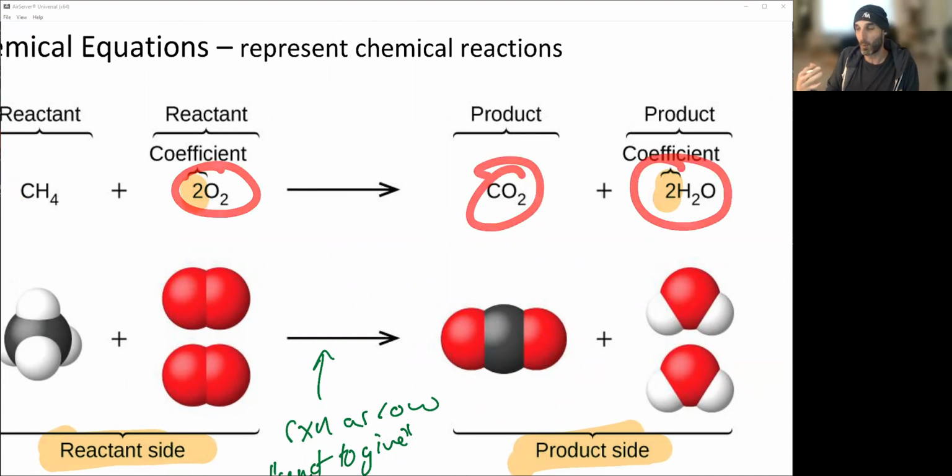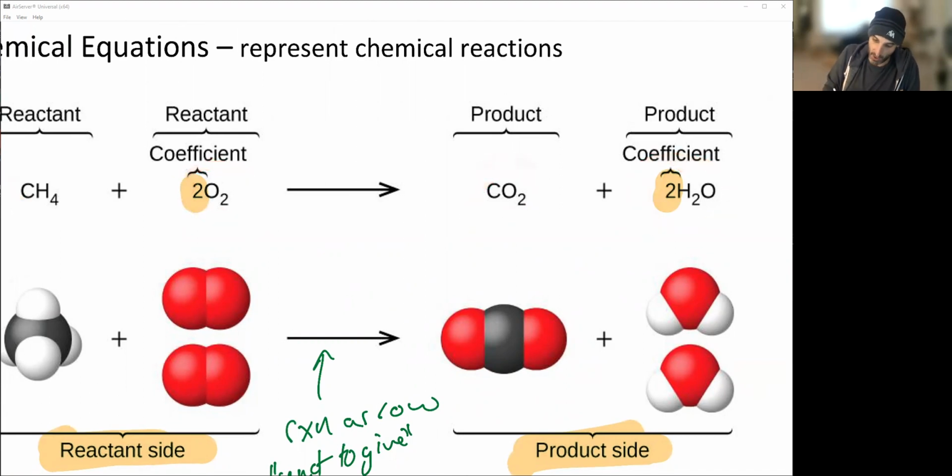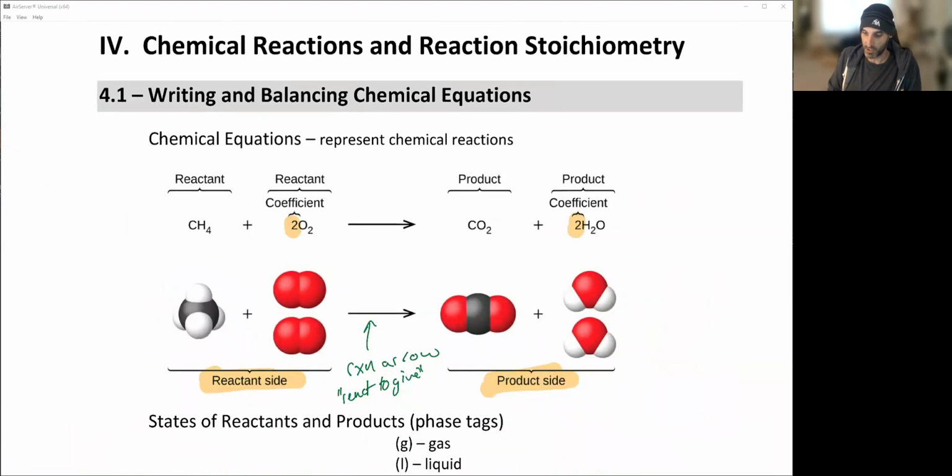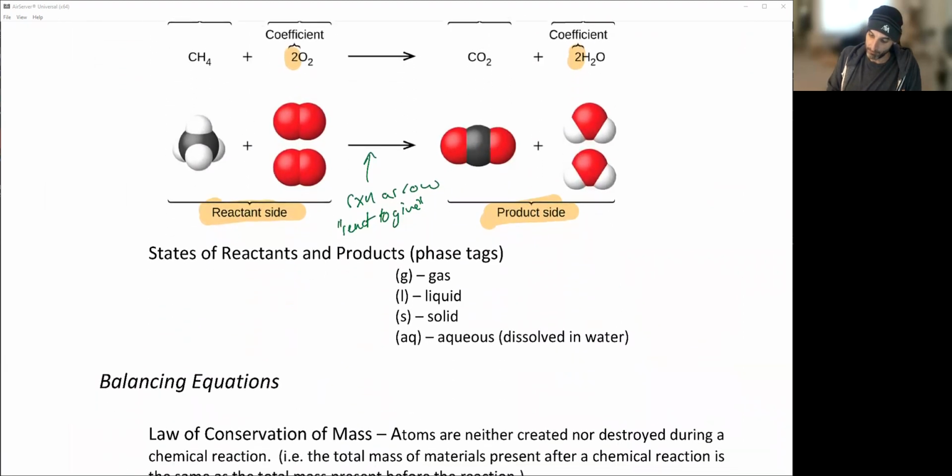And we're going to talk about why that's important in terms of balancing. You can always change these coefficients out front. You can never touch the chemicals in place. I can't say C2H8 here. I can't double that because it actually makes it a completely new chemical. So never touch the chemicals, only those coefficients that are out front.